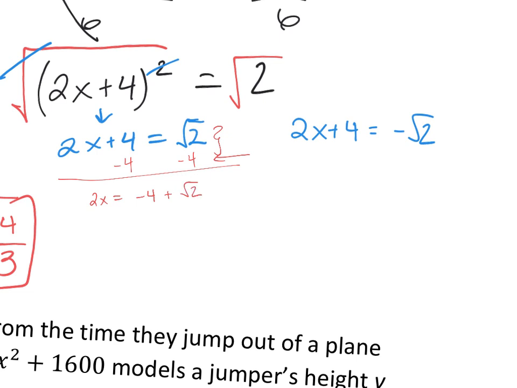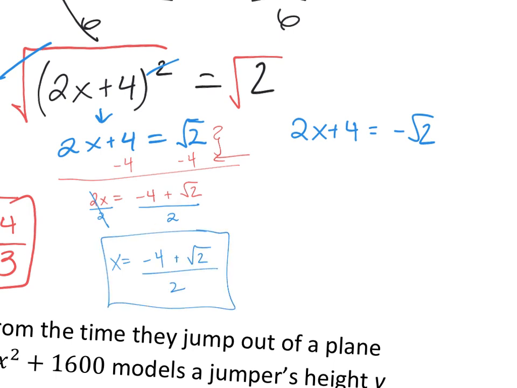Now, x still is not by itself, so I'm going to divide each side by 2 to get x on its own. So I am left with x equals negative 4 plus the square root of 2 all over 2. This is how you're keeping your answer. You do not have to simplify it.